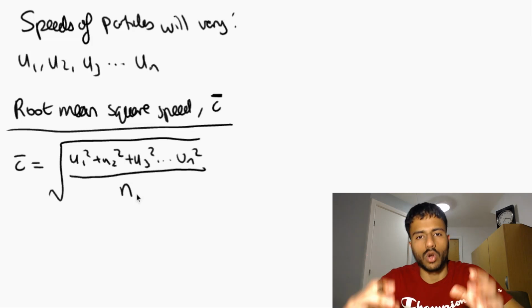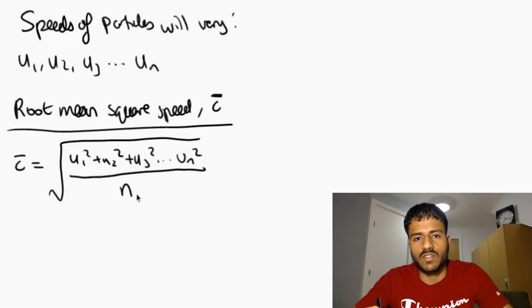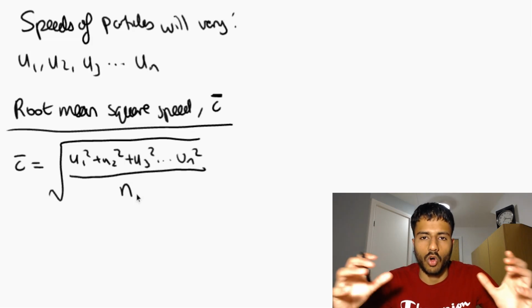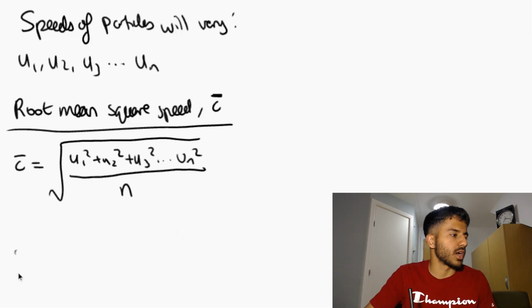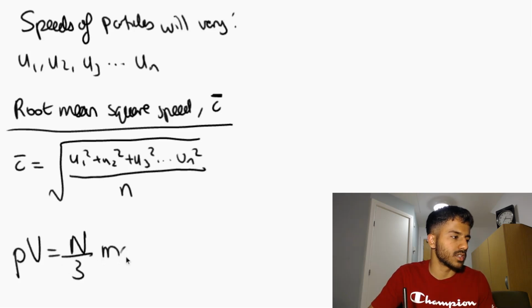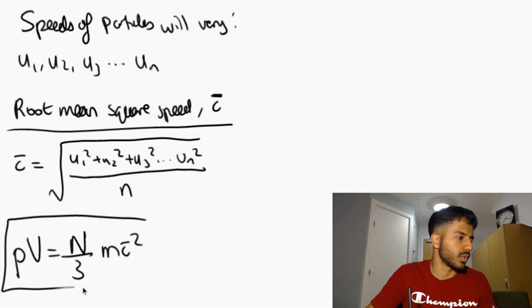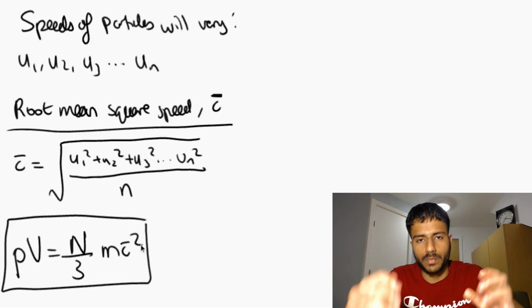This c value gives us an average of all our speeds. So instead of using u squared, we can plug in c squared to get PV equals N over 3 mc squared, where c is our root mean square speed.